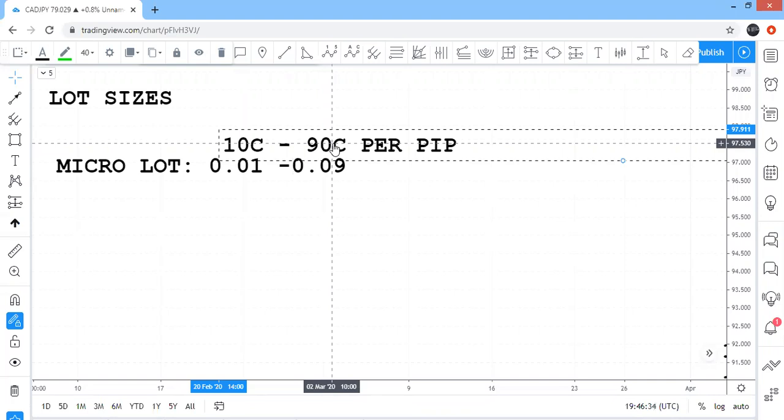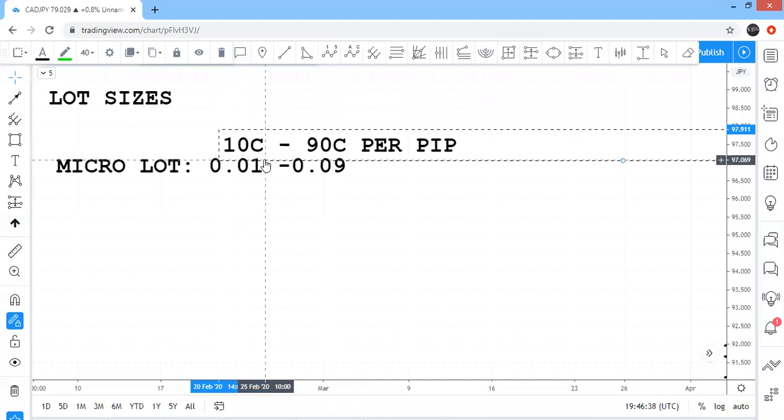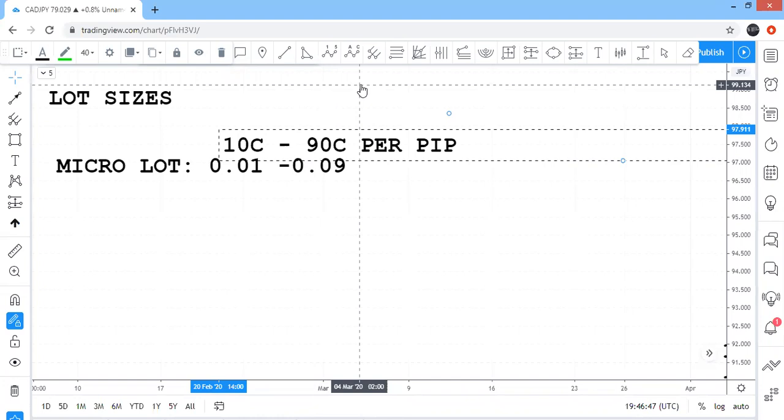So if you're making 10 pips and you're at 0.01, how much would that be in dollars? 10 pips with 0.01, how much would that be when we're translating that to money?